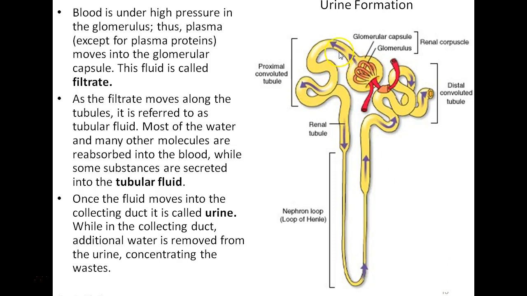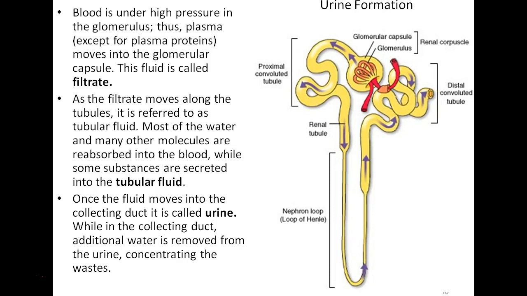As this filtrate then moves along the tubules, we call it tubular fluid. Most of the water and many of the other molecules get reabsorbed into the bloodstream. Some substances, however, are actually going to be secreted into the tubular fluid. Once this fluid moves into the collecting duct, additional water is going to be removed, and the urine is created, and that is a concentration of wastes.